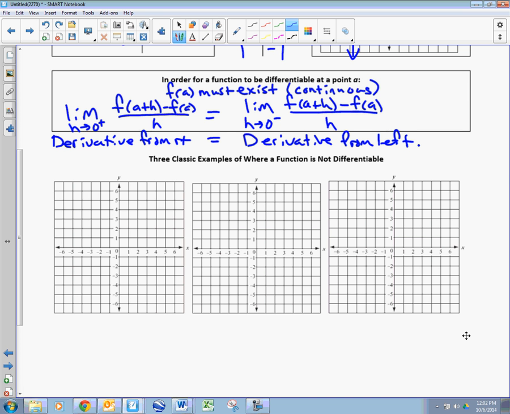Okay. Derivative from the right is equal to the derivative from the left. Now, that's what has to happen in order for a function to be differentiable.